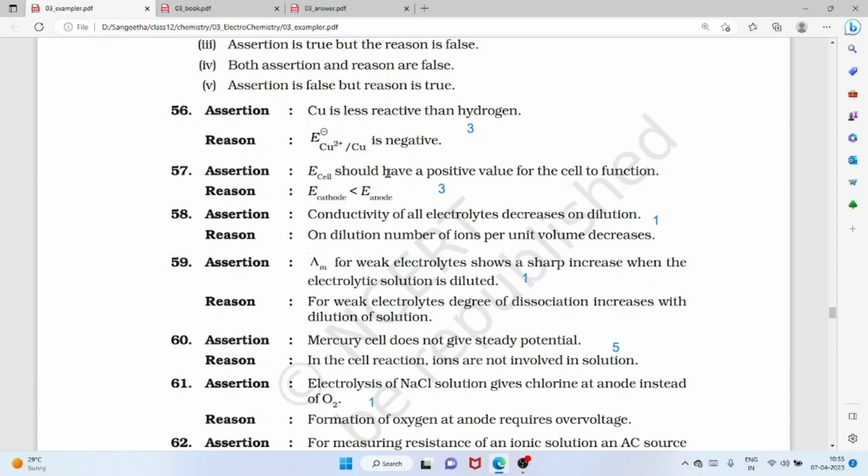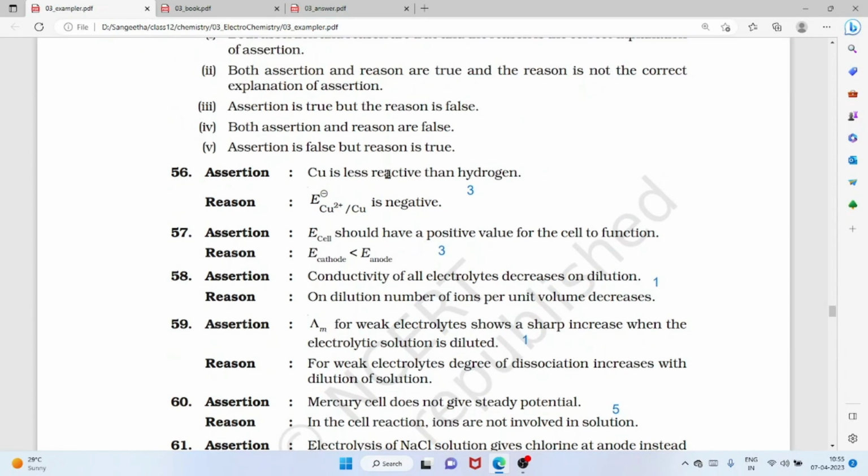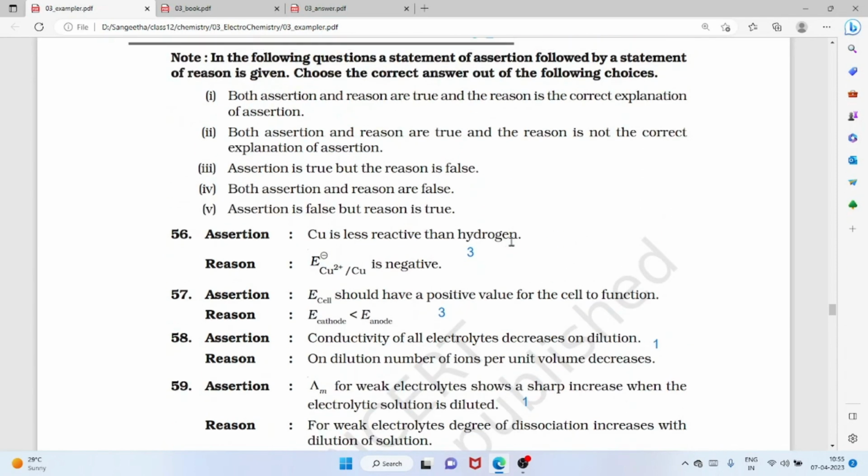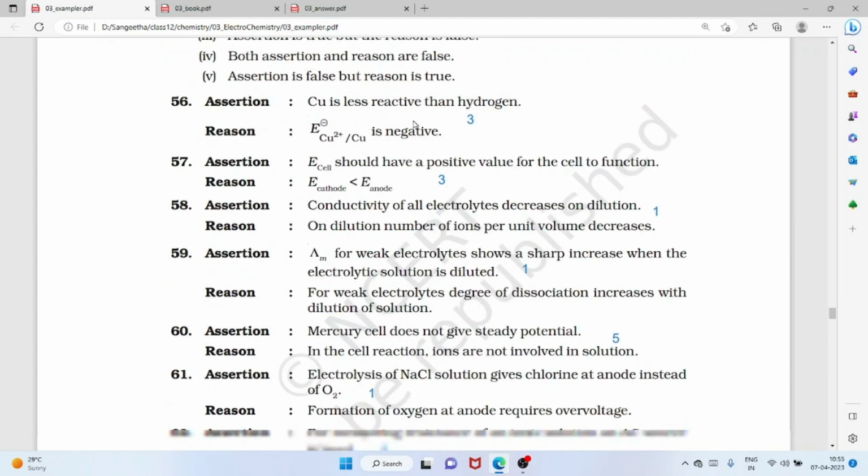A cell should have a positive value for the cell to function. That is, the assertion is true, but the reason is false. Conductivity of all electrolytes decreases on dilution, because on dilution the number of ions per unit volume decreases, so both reason and assertion are true.